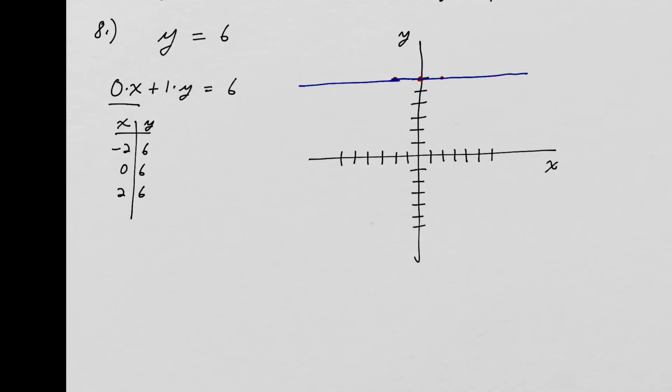But they didn't ask for the slope, they just want us to graph the line. So it looks like in this case, C would be the correct answer. This is C. So y equals a constant is a horizontal line, x equals a constant is a vertical line.